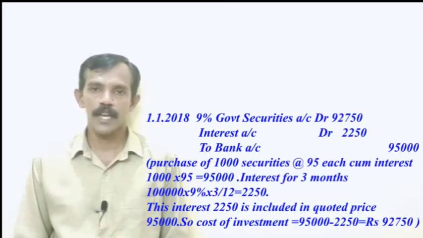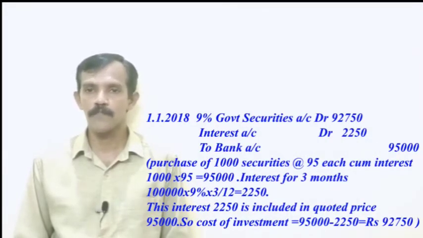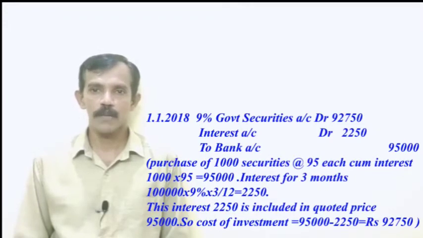Then solution. Firstly, we write journal entries for these transactions. On 1st January 2018, purchase of 1000 securities at the rate of 95 each, cum interest. In that case, we paid a total of 95,000, 1000 into 95. Then we calculate interest for 3 months: 1 lakh into 9% into 3 divided by 12, that comes to 2,250.